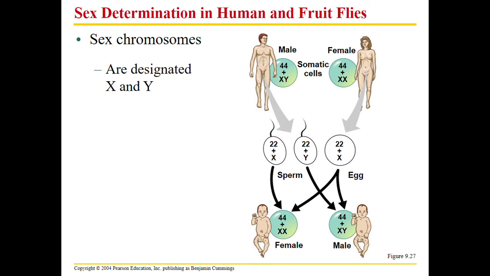So here you can see we have 22 normal autosomes, and females have 22 plus the X, whereas males get 22 plus the Y, and they pass on either an X or a Y. This is the same in humans and fruit flies, although in fruit flies, the XX is the male and the XY is the female, which is kind of weird, but we're not going to get into that at all. Just know that XX is female, XY is male.